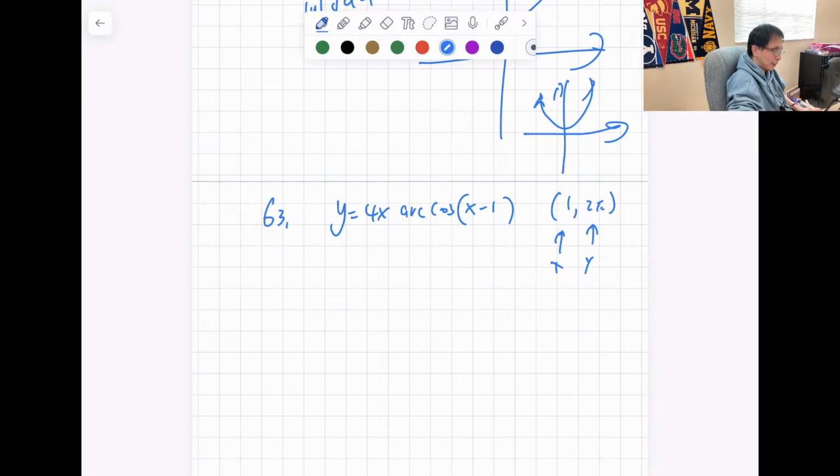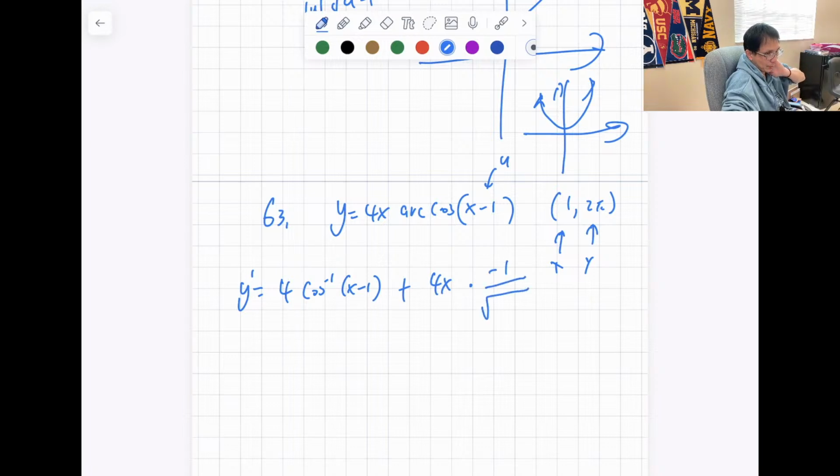So let's take a derivative of this. After we take a derivative, what kind of rule are we thinking of? Product rule. So before, right? 4 cosine inverse of x minus 1 plus 4x, and this is a u, so it'd be negative 1 over square root of 1 minus x minus 1 squared.